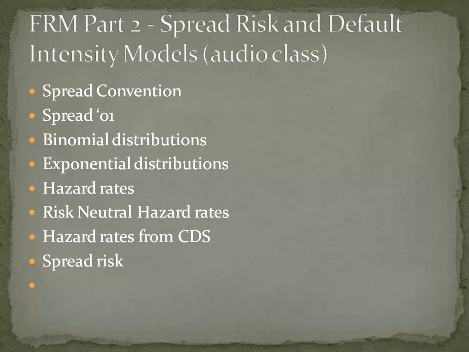Then we have spread risk as the last topic here. Spread risk is the risk of loss from changes in the price of securities that have a positive probability of default. By extension, the spread risk for treasuries is zero for any maturity. Recall that at initiation of a CDS, the parties have implicitly agreed to a fair spread so that the expected payments to both are equal. Thus no cash changes hands at initiation.